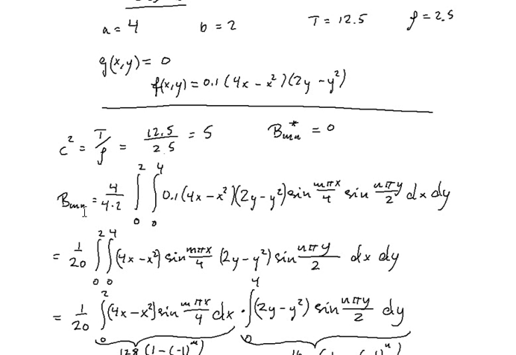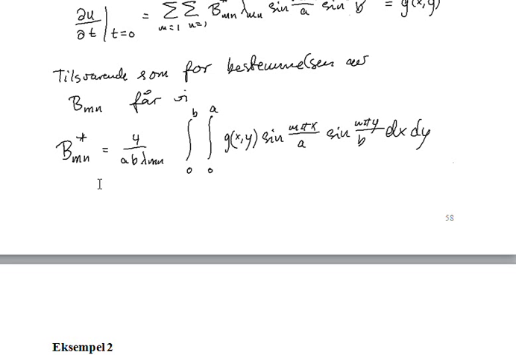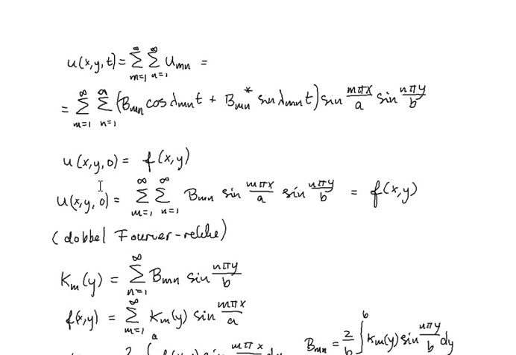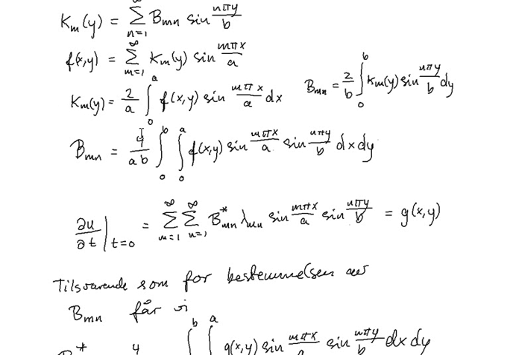And we know the general expression for this. Let's just go back and see. Bmn is 4 over ab, times the integral from 0 to b and the integral from 0 to a of this function. Now f of xy is a product function, so it will be much easier to compute this than in the general case.